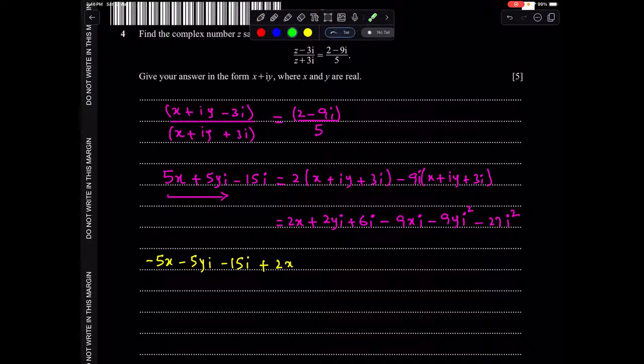See, I shifted all these terms on right side, so this would become negative, negative, and this will become positive.